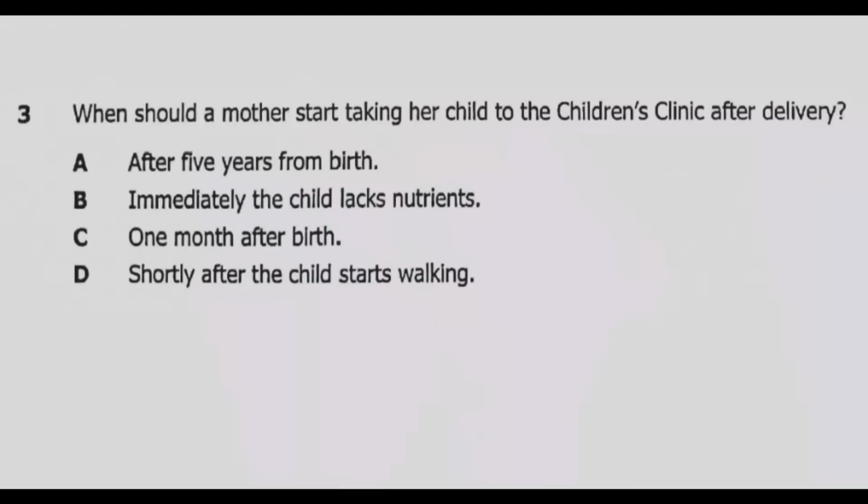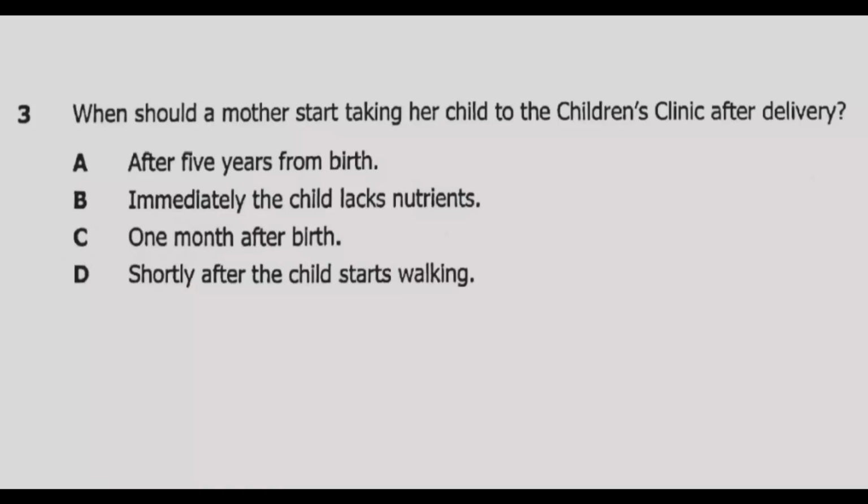Question number 3 is, when should a mother start taking her child to the children's clinic after delivery? A, after 5 years from birth. No. B, immediately the child lacks nutrients. No. C, 1 month after birth. Yes. D, shortly after the child starts walking.